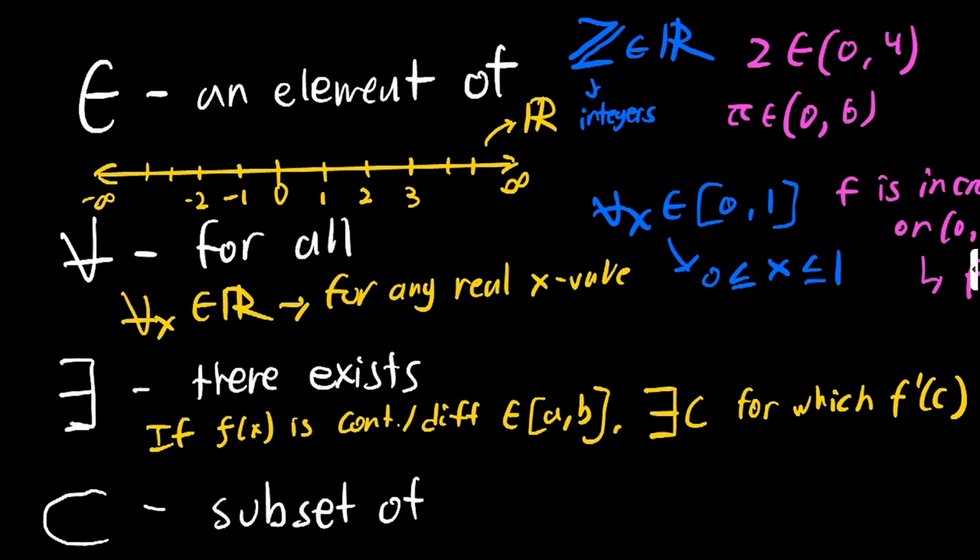The first one is going to be the element of. So this is represented by the epsilon symbol. And you see here that I've written some things. Imagine that this is a number line and it's the real numbers. If you only consider the ticks, you know that all the ticks are still on the number line.